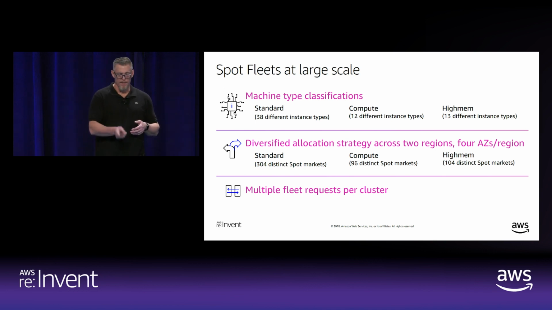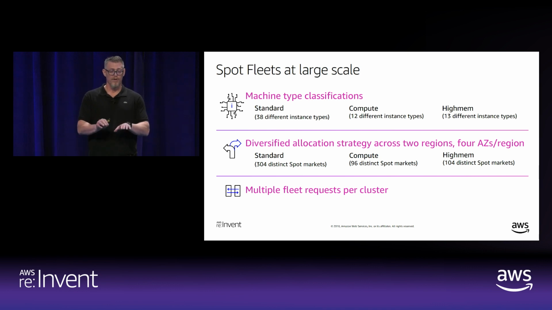Machine type classifications. What we did was we took a look at all the different instance types that Amazon supports. Some of them are optimized for memory, so we group those in a high mem categorization. Some instance types are optimized for compute, so we group those into our compute categorization. And then we took everything else and left it in standard.